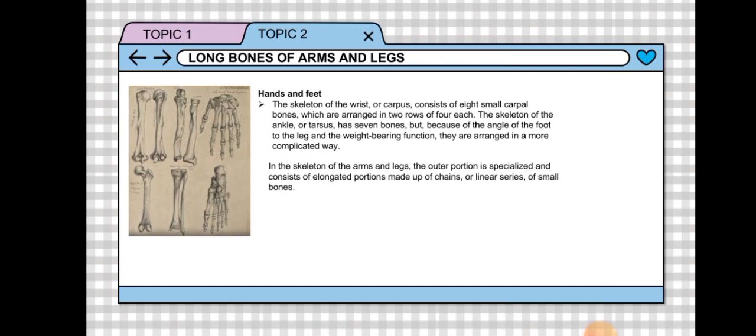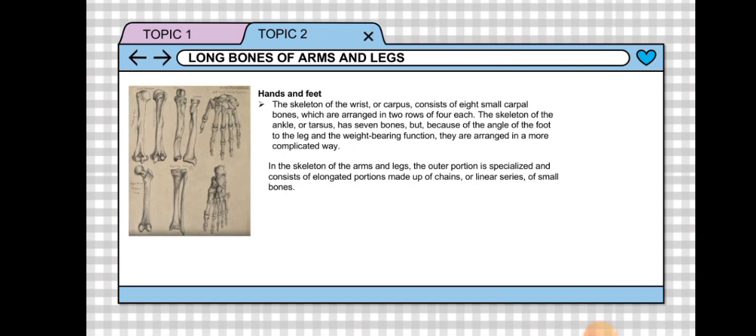The skeleton of the arms and legs, the outer portion, is specialized and consists of elongated portions made up of chains or linear series of small bones. In humans, the metatarsal bones, those of the foot proper, are larger than the corresponding bones of the hands.